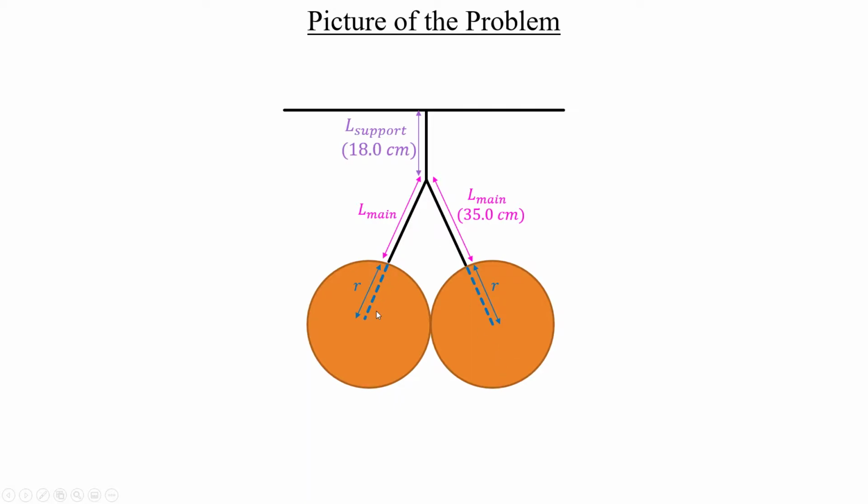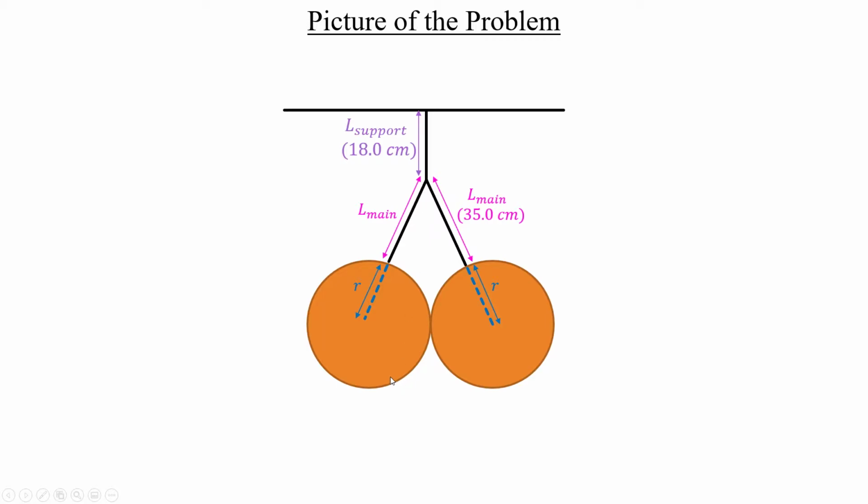An isosceles triangle that maybe is not exactly to scale, but an isosceles triangle nonetheless, right? And so why do we care? Well, if I can find a way to close off this triangle, I can do a little bit of geometry manipulation to get at an angle, perhaps up here somewhere.